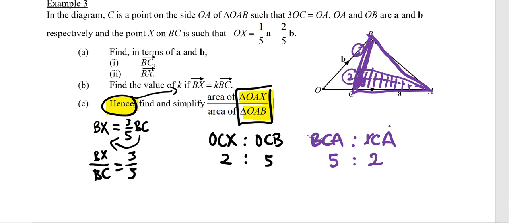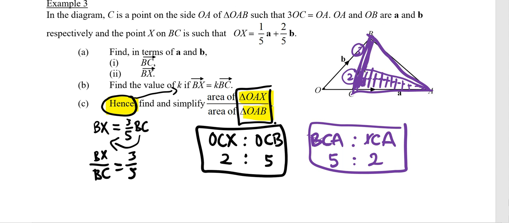Now the problem with the purple comparison and the black comparison is that you cannot straight away link them directly, because OCB and BCA, even though they share the same number 5, are not of the same size. From the diagram you can see it is not the same 5 units, the purple 5 units and the black 5 units.